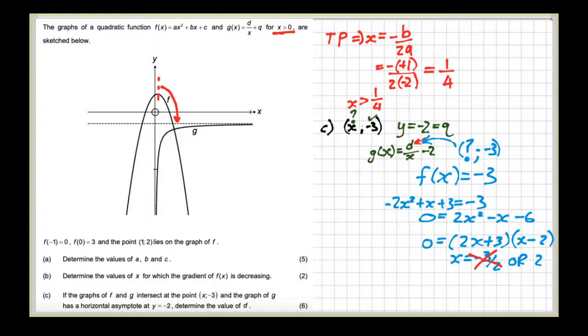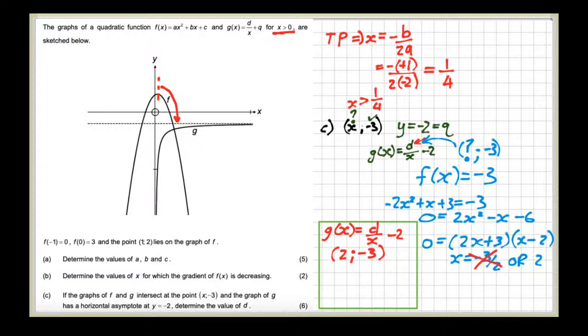This now, ladies and gents, leads us towards our last little bit for today. Let me do a separate section here. I have now that g(x), which is d over x minus 2, passes through (2, -3).